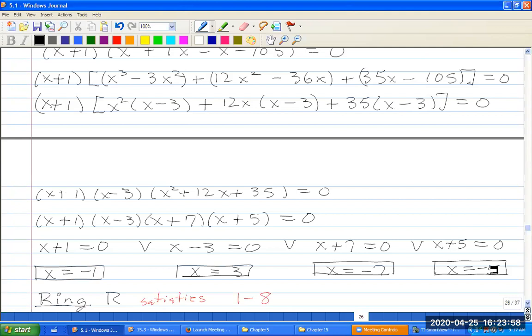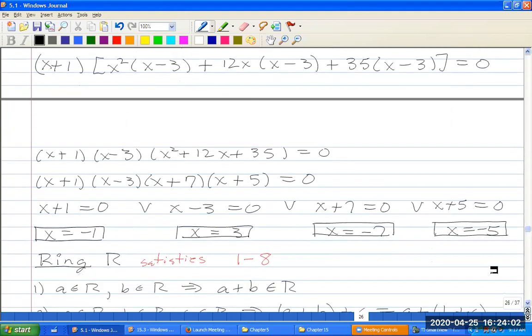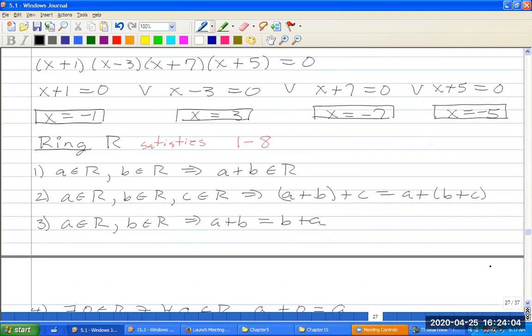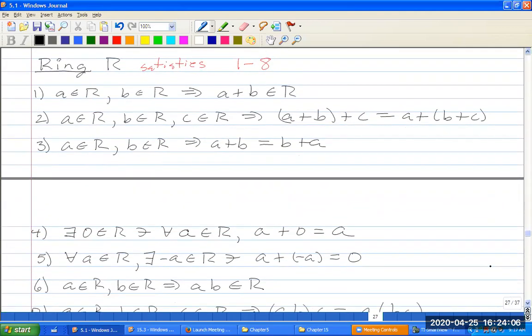Okay, so before I continue, let me give you a definition. First, of a ring. So let's say that a ring R is a set along with some operations.